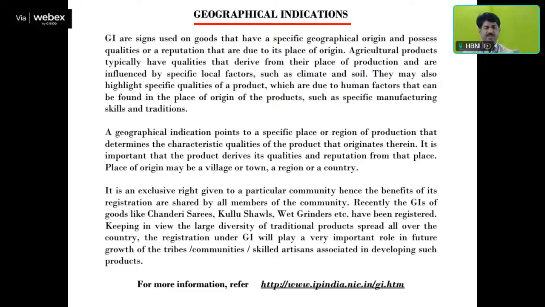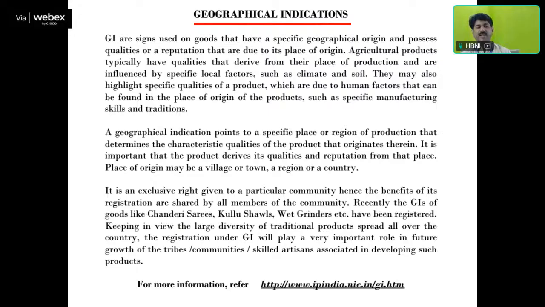Similarly, various other things we'll discuss today. Agricultural products typically have qualities that are derived from their place of production and are also influenced by specific factors such as the climate and soil. Like Darjeeling, it is grown in that particular area.